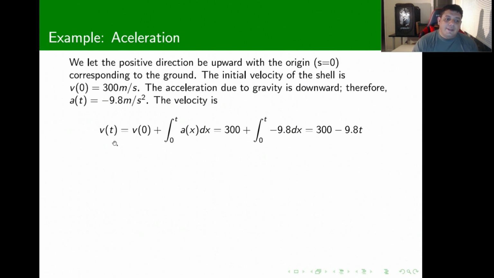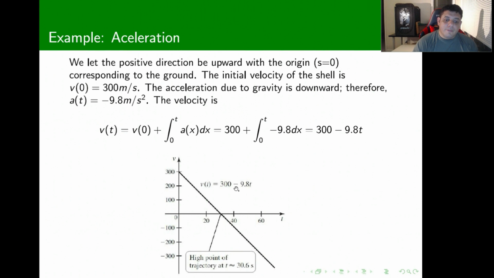So the velocity is given by 300 minus 9.8t. This is represented by this graph over here. And as you can see, it reaches the maximum point, the point where the velocity gets to be 0, at 30.6 seconds.